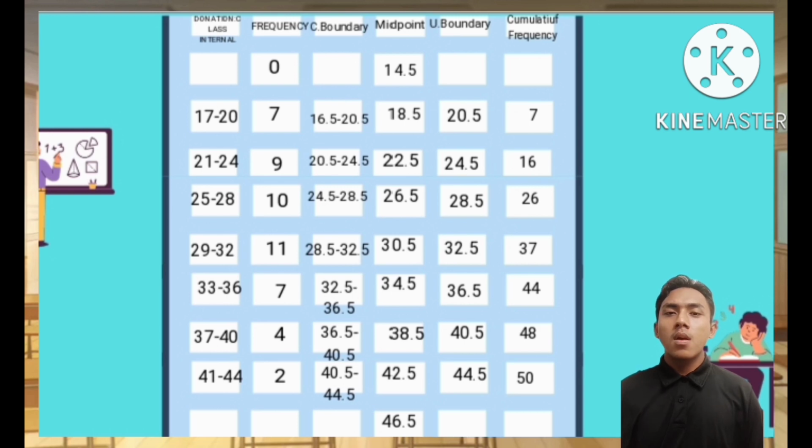Finally, the way to find the cumulative frequency is to add the upper frequency number to the lower number, which is 7 plus 9 equal to 16, and continue to add 16 plus the lower number, which next is the number 10.